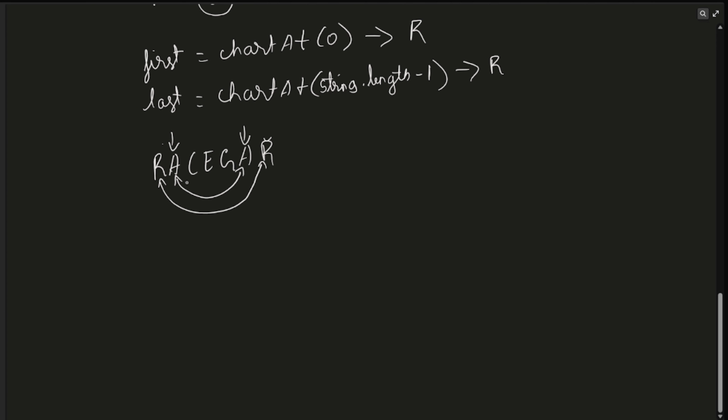A and A are equal. Move the pointers. In this case, C and G are not equal. So as per our if condition, if the characters are not equal, we are directly returning false as an output, meaning the given string is not palindrome. I hope the logic is clear.